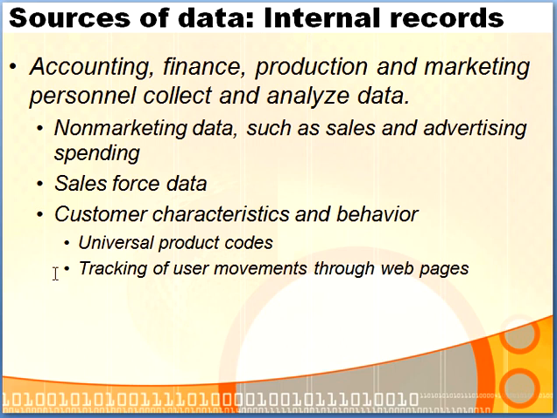We may also have customer characteristics and behavioral data. For example, from the UPC, the universal codes, we are able to identify customers who may be buying more often than others. If a store like Home Plus has a loyalty card, customers will be asked to swipe that card whenever they make a purchase.